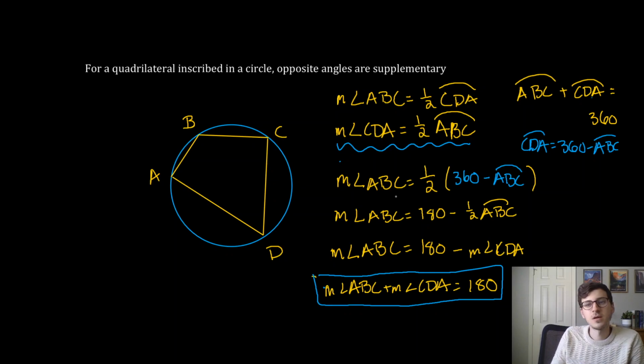You can say, I know that these two arcs equal 360, substitute in, solve, substitute again. Maybe we could be really clear. This I substituted in right here. And then we've got the two angles being supplementary. And you could do the same thing with the opposite, with the BAD angle and BCD angle.